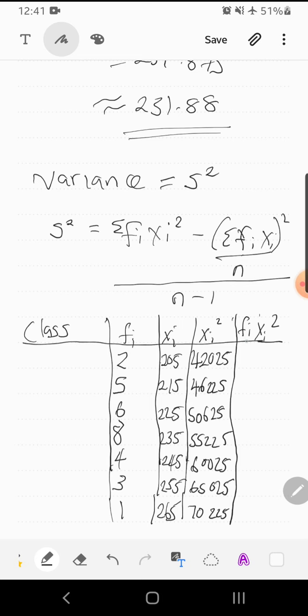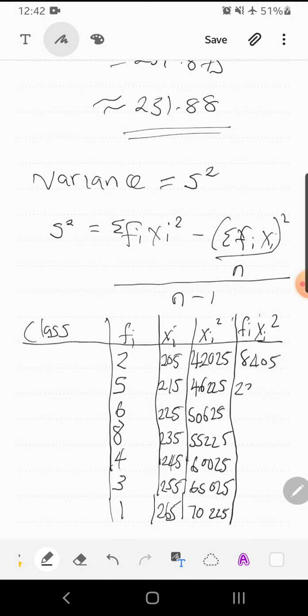We're looking for the next column, the frequency times the midpoint squared. So for the first one, we have 2 times 42025. So this gives us 84050.